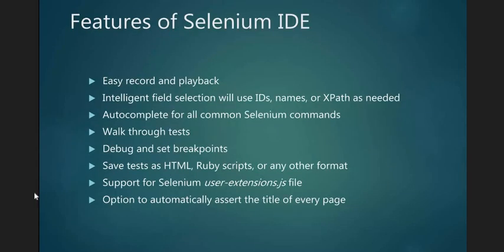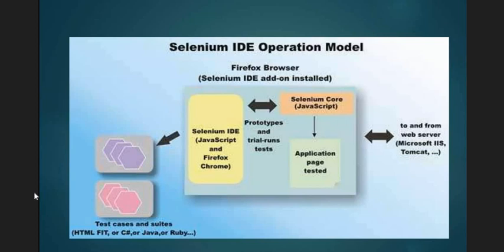Basically the features of Selenium IDE are easy record and playback, and it will use the IDs, names and XPath, and it saves the test case as HTML, Ruby script or any other format, and it also supports the Selenium user extension .js file. In this slide we can see the Selenium IDE operation model.